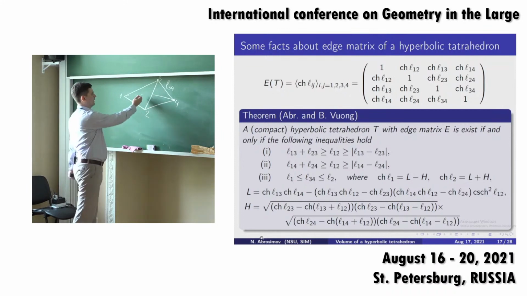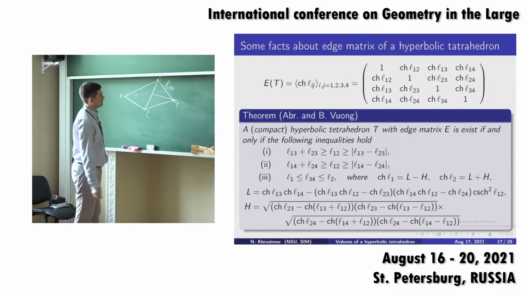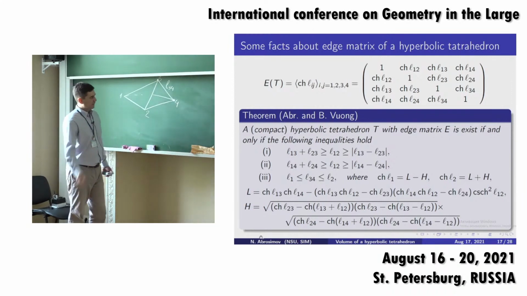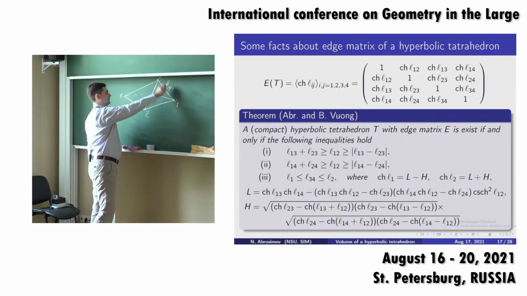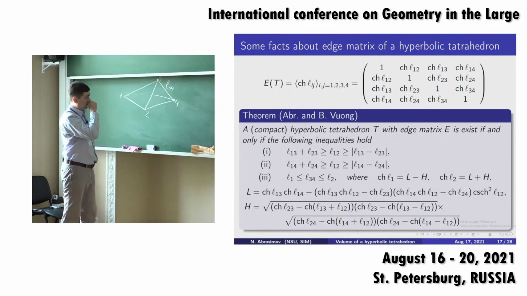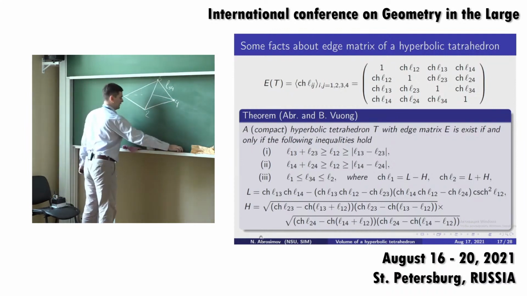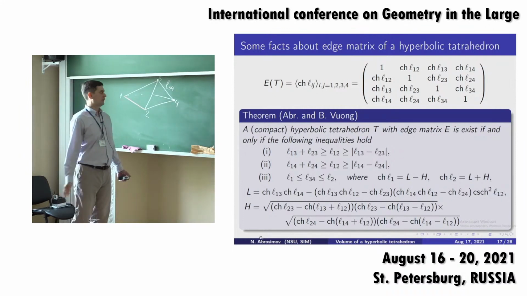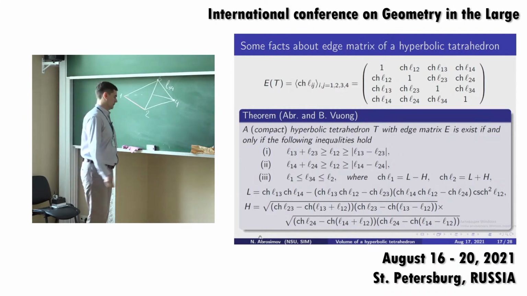And our flexible construction became flat. The longest possible distance between vertices 3 and 4 is attained when the diagonal angle along the edge 1, 2 is equal to pi. And again, our construction became flat.